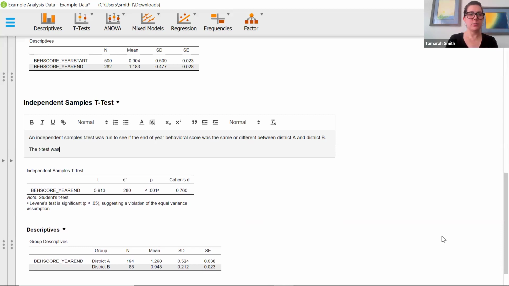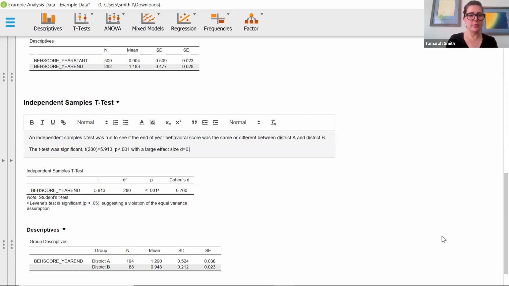The t-test was significant. We put our special little numbers in here. Remember, we just put that degrees of freedom in there with the parentheses before putting out the actual t statistic. Then our p-value with a large effect size.